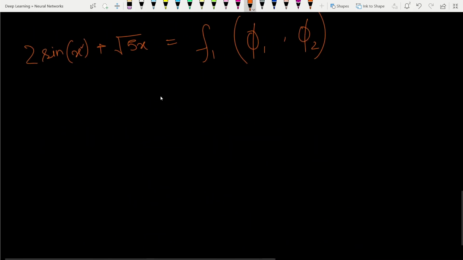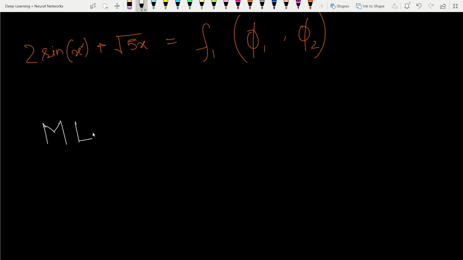So in another language, what will be the conclusion? A multilayer perceptron, or a simple neural network, is nothing but a composition of lots of functions, compositions of functions.